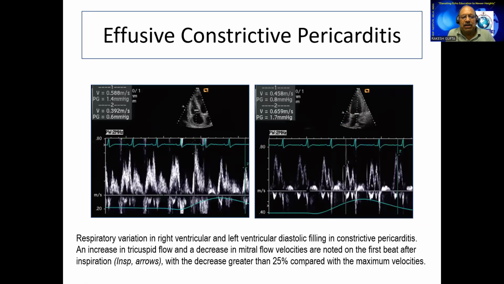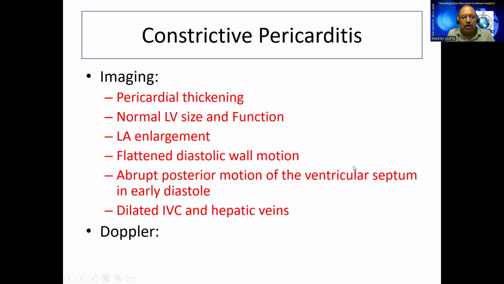Another important feature, apart from respiratory flow, is hepatic vein reversal of flow in early diastole. So we moved on from pericardial effusion, pericardial tamponade, effusive constrictive pericarditis to constrictive pericarditis.